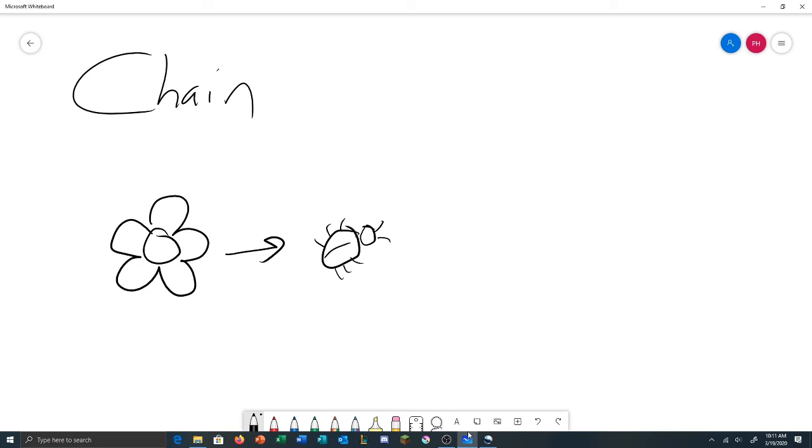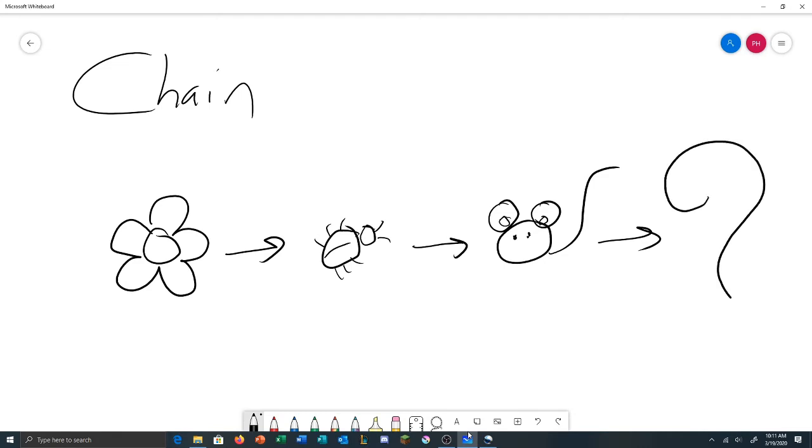Well, if the bug eats the flower, it's step two. That's the first consumer. Well, something could eat the bug. That's our little mouse friend. Our little mouse could eat the bug. And finally, what would eat the mouse but a snake? The snake eats the mouse.